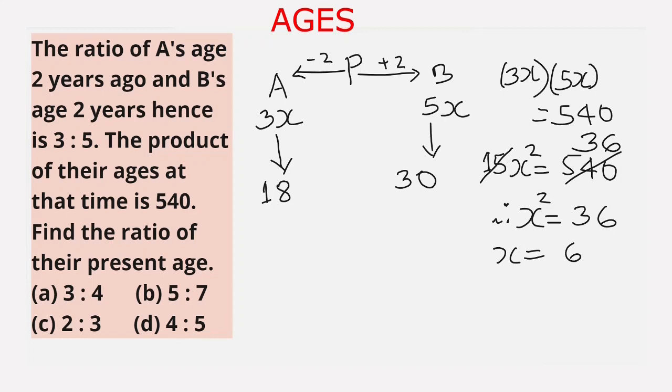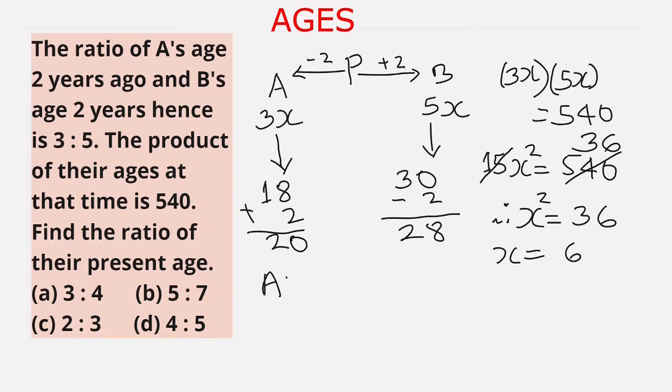So we have to add 2 to 18 and subtract 2 from 30 to get their present ages. 18 plus 2 is 20 and 30 minus 2 is 28.